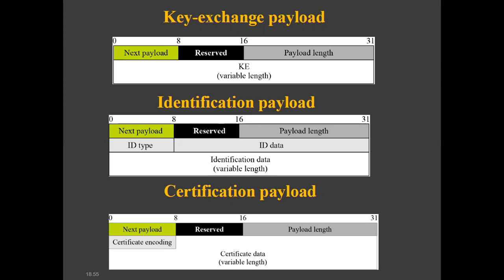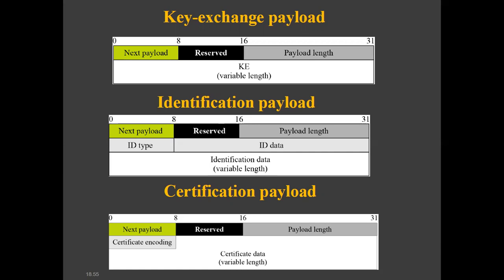Then the next one is the certification payload. So anytime during the exchange, an entity can send a certification for public encryption, decryption keys or signature keys. Although the inclusion of certification payload in the exchange is normally optional, it needs to be included if there is no secure directory available to distribute the certificates.